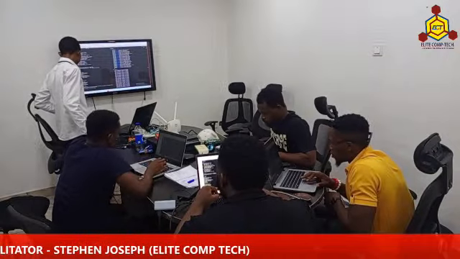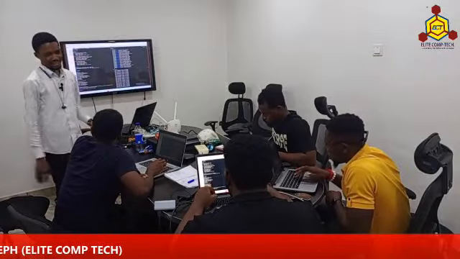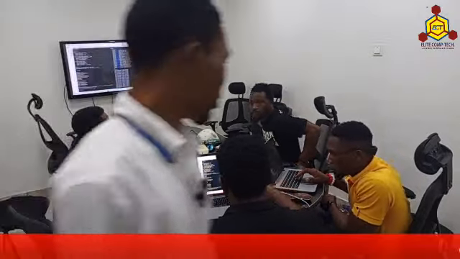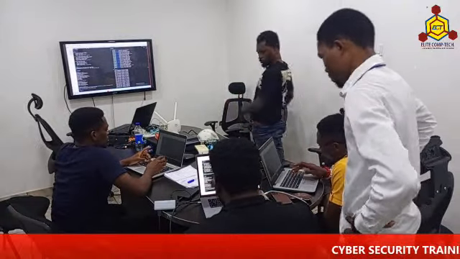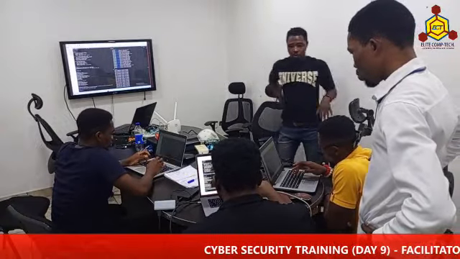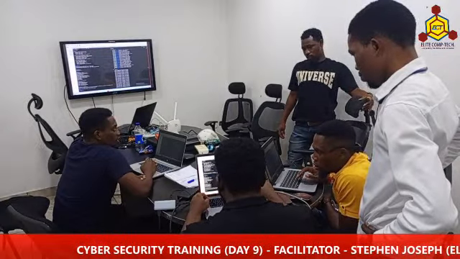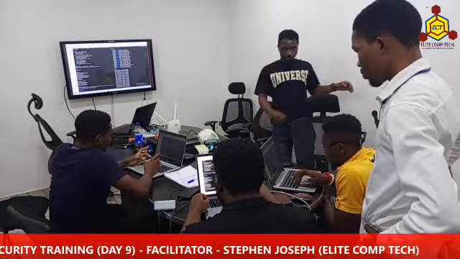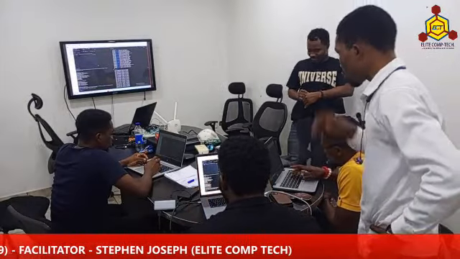This thing is looking like zenmap. There's no space, please. KBX, the X was the phone. Just give it a couple of seconds. Alright, so it's off now.